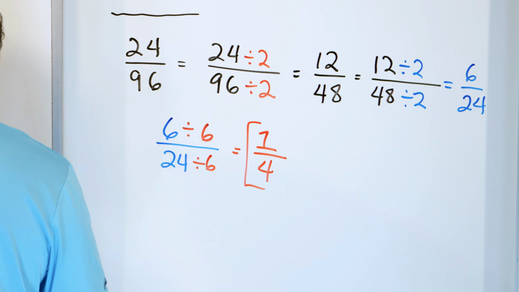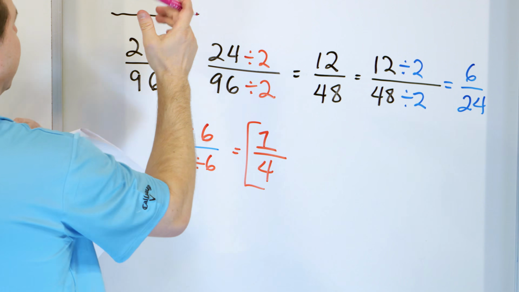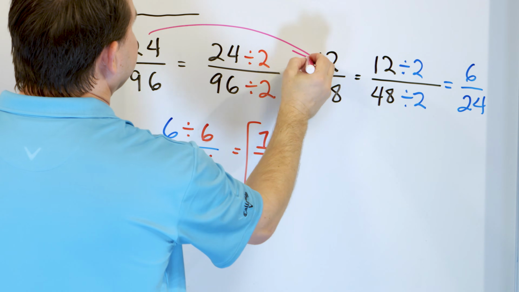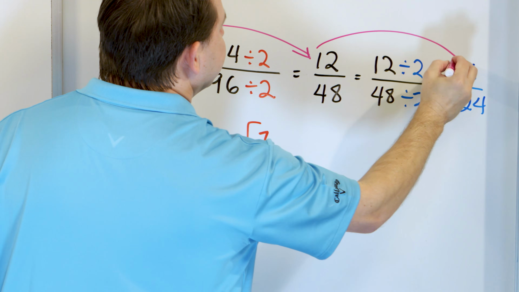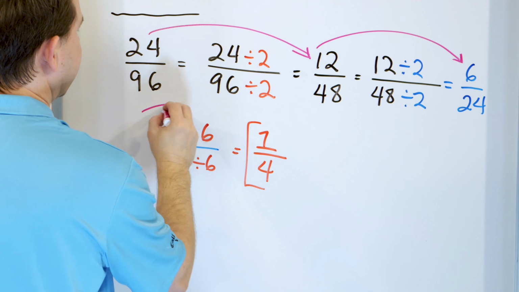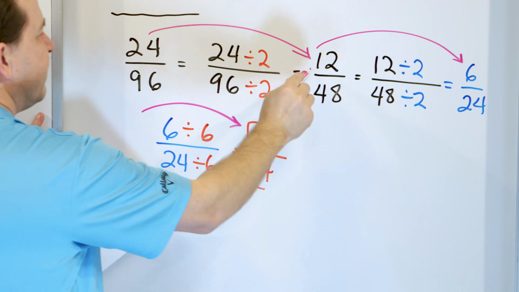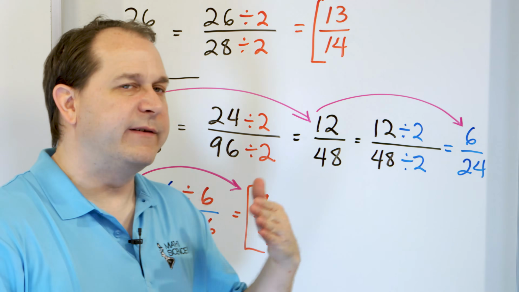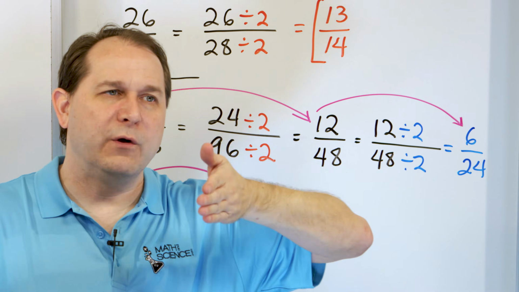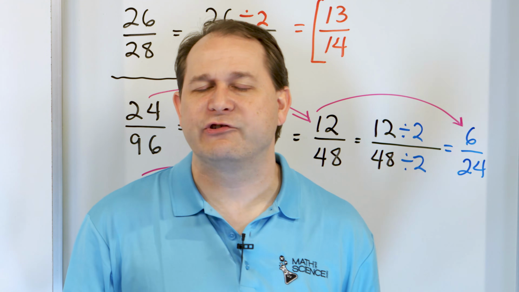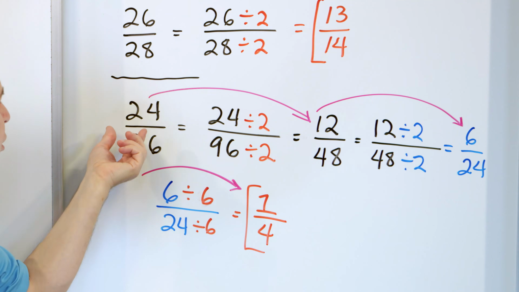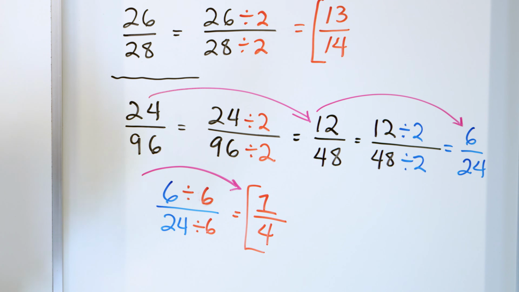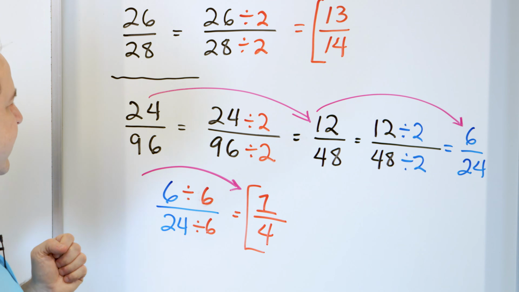So notice that we had a multi-step thing going on here. We divided one time to get this thing, and then we divided another time to get this thing, and then another time to get this. So we did 1 division, 2 divisions, 3 divisions. And it always worked out, but it was multiple steps. So when you have multiple steps like that to simplify a fraction, all it means is that there was a larger number I could divide top and bottom by to get exactly the same thing.